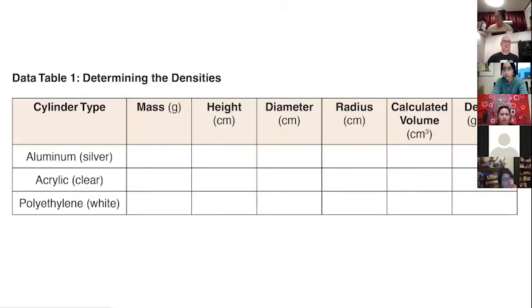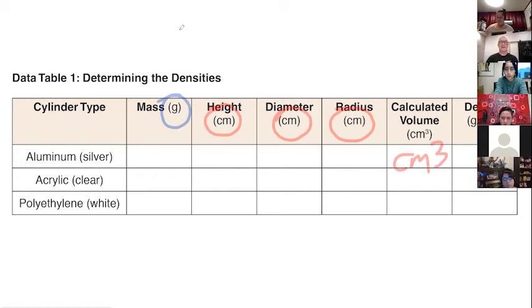Okay, so table 1 just has determining the densities of our 3 cylinders in them. We're going to record the mass in grams. Remember, the height and the diameter and then the calculated radius are all in centimeters, because we have to have cubic centimeters here.